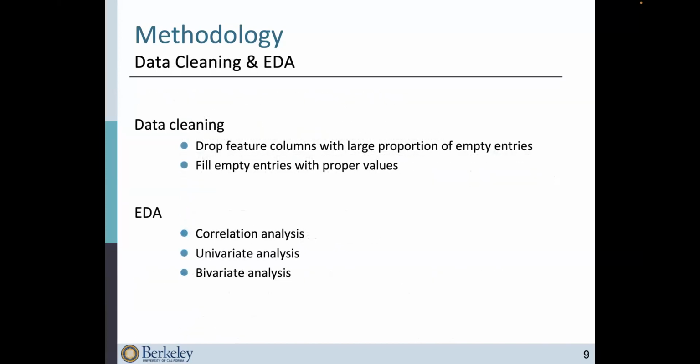Before we do the machine learning, we first conduct data cleaning. We drop feature columns with a large proportion of empty entries, and then fill empty entries with proper values, and do other data cleaning. And we had some exploratory data analysis, EDA, that's correlation analysis, univariate analysis, and bivariate analysis.